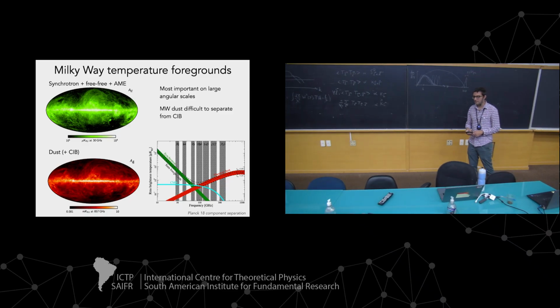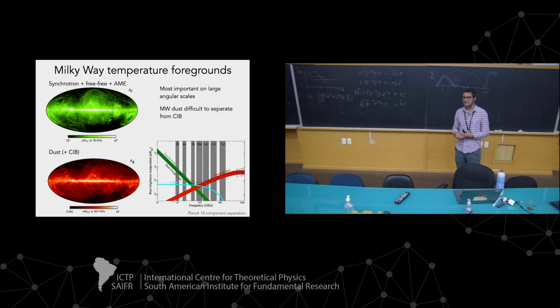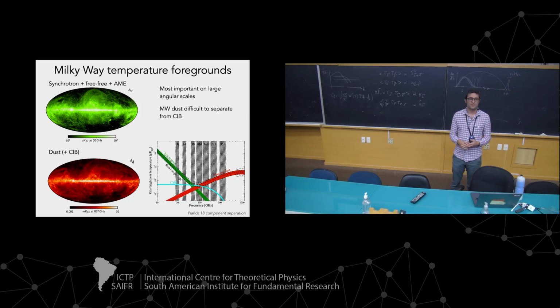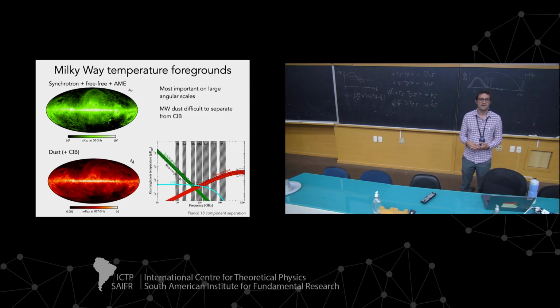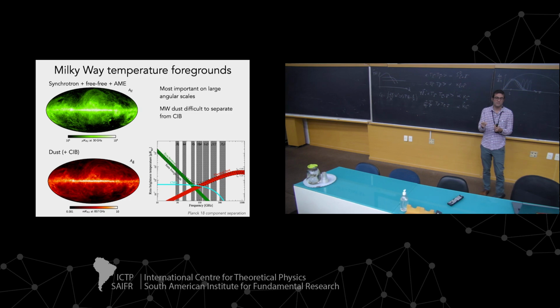And so once you have those maps at different frequencies, you can ask, imagine that my goal was to just make the best possible map of the CMB. An approach that's often done is to use so-called internal linear combinations, ILC. These say, I want my CMB map, the one that I estimate, to be a linear combination of my maps at different frequencies.